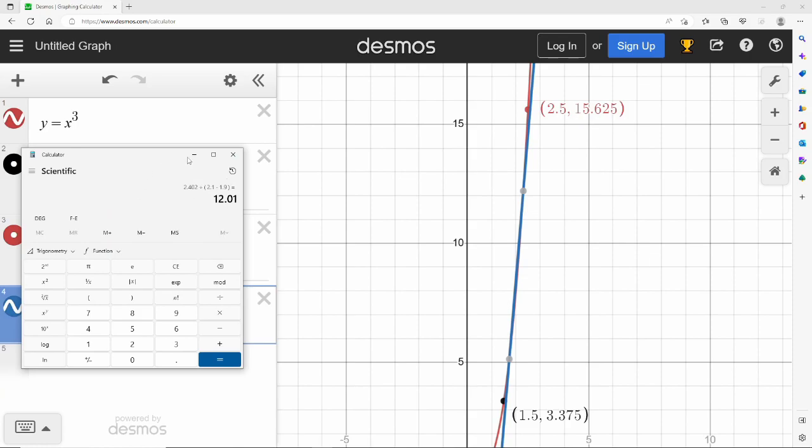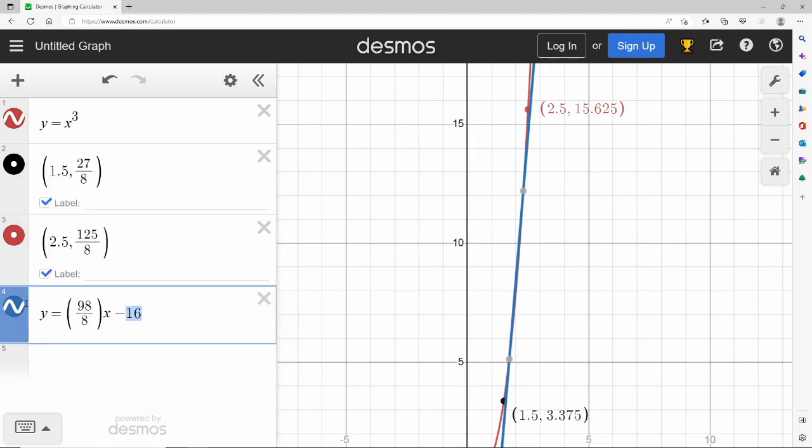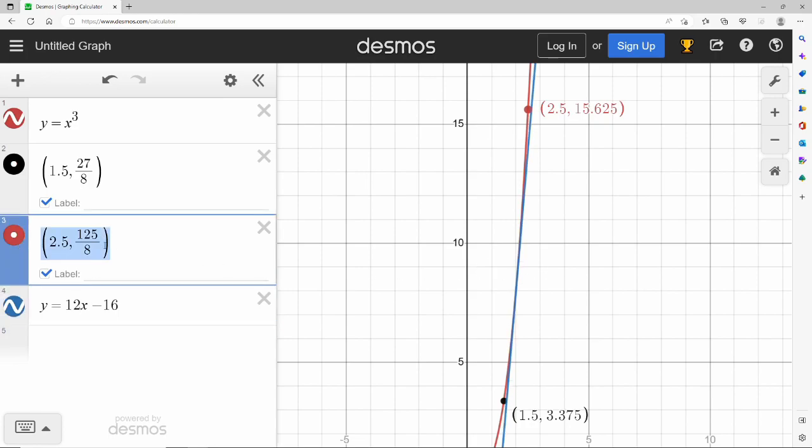And let's plug that back into Desmos. And let's do y equals 12x. And let's even put the points in.